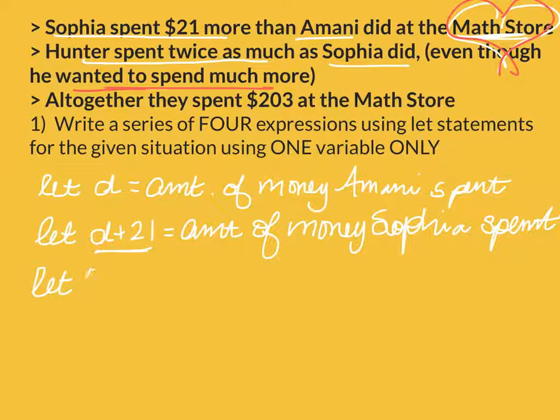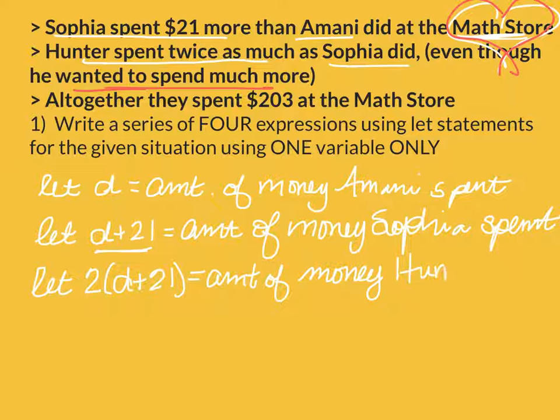So let 2 times the quantity of D plus 21 equal the amount of money Hunter spent. And again, we know he was sad because he wanted to spend so much more, especially at the math store, but he didn't have any more money to spend there.